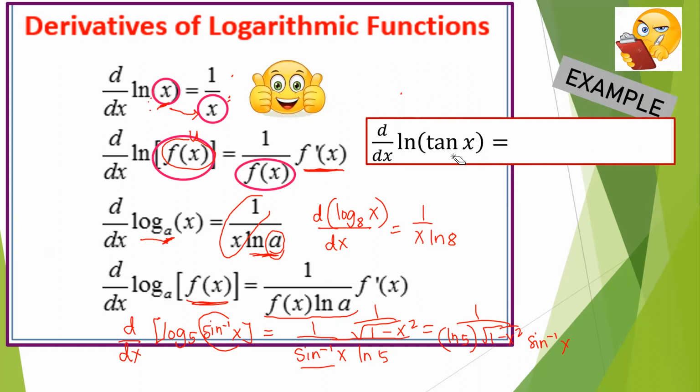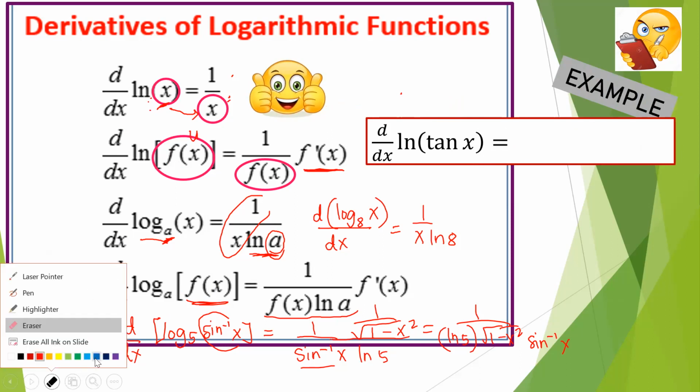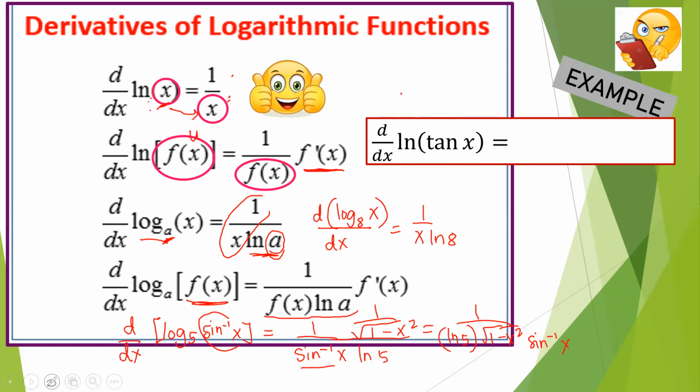So in that case, tangent x serves as your u. So anong gagawin natin? Let's consider our laser pointer. This one is your f of x or your u. Ready mo yung fraction mo. So the tangent x goes down. Andun siya sa baba.